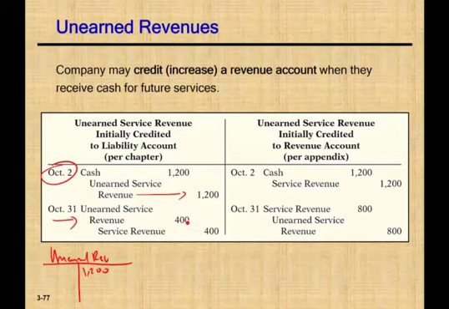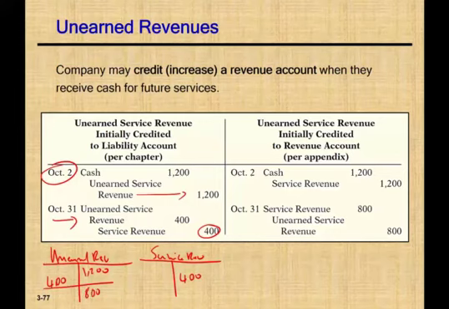So we earned 400 of service revenue. Well, what we do is we credit service revenue 400 and we debit unearned revenue 400. Unearned revenue is 800. That's the balance that's still left. And service revenue is 400.